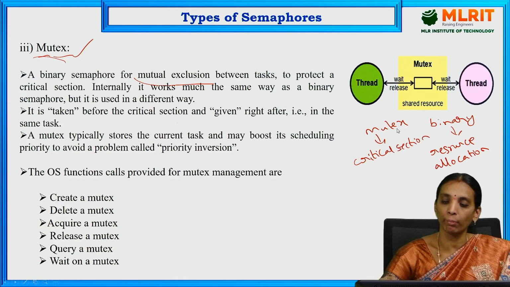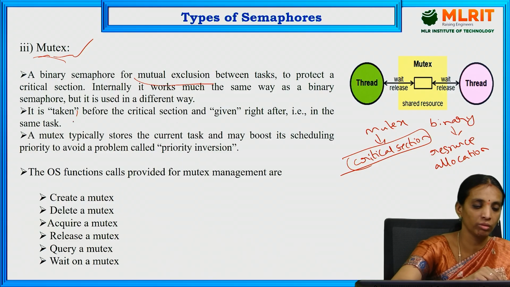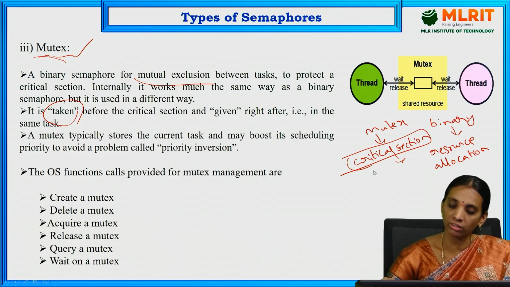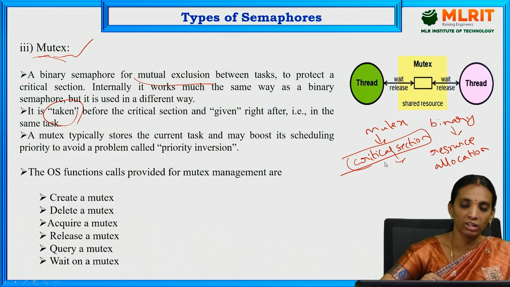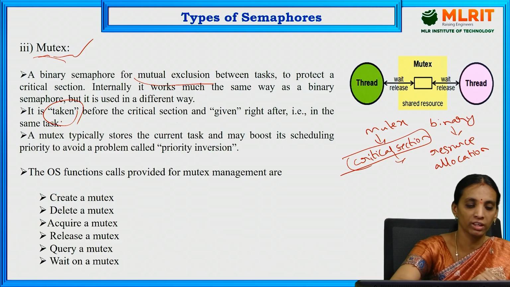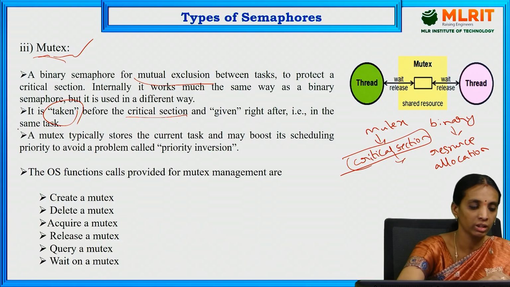Whenever any process enters the critical section, the mutex goes to the taken state, and whenever it completes its critical section, it goes to the released or not given state. It is taken before the critical section and given right after in the same task.